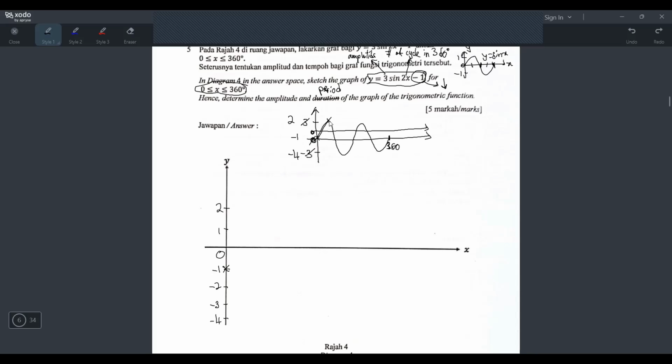So here is 0. When you go up here, you have to go up until 2, right? So you go up until 2, and the moment you reach 2, you will go back down, right? And then you will go back to -1 like this. Okay, and then after you go back to -1, you will go down to -4, and then go up again to -1. So -4, then -1, right? So that's the point here.